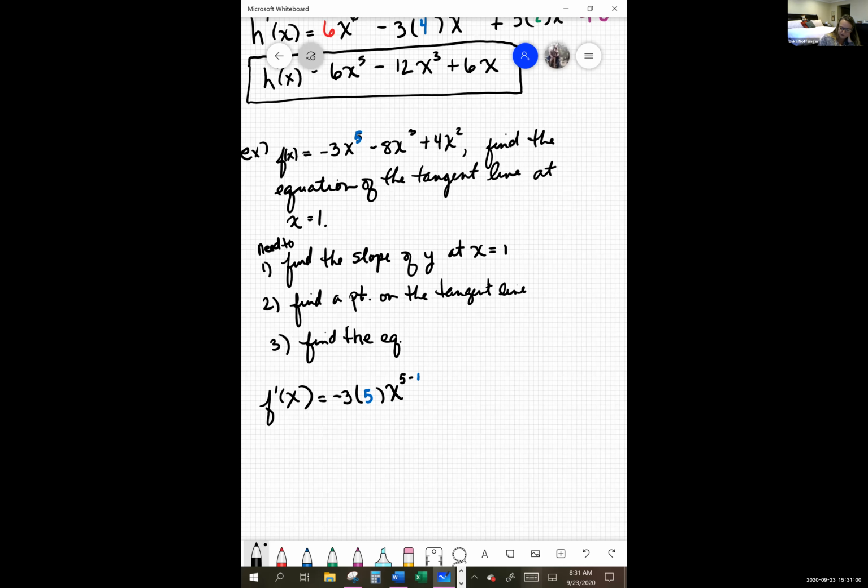Then we have a minus 12. Taking the derivative of x cubed, bring our power down front, which is 3, x, and subtract 1 from that exponent. Plus 6, bring our power down front. Well, if the power is not shown, it's 1. And this is x raised to the 1 minus 1 power.